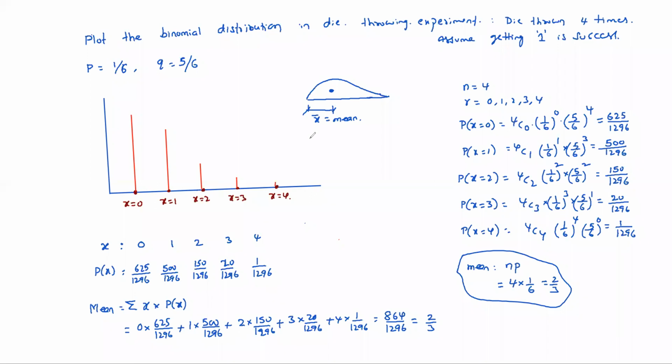Mean is nothing but the centroid of the distribution for a continuous distribution, okay? But a similar meaning you can expect in the discrete distribution also: a1 x1 plus a2 x2 by a1 plus a2, something like that, okay?